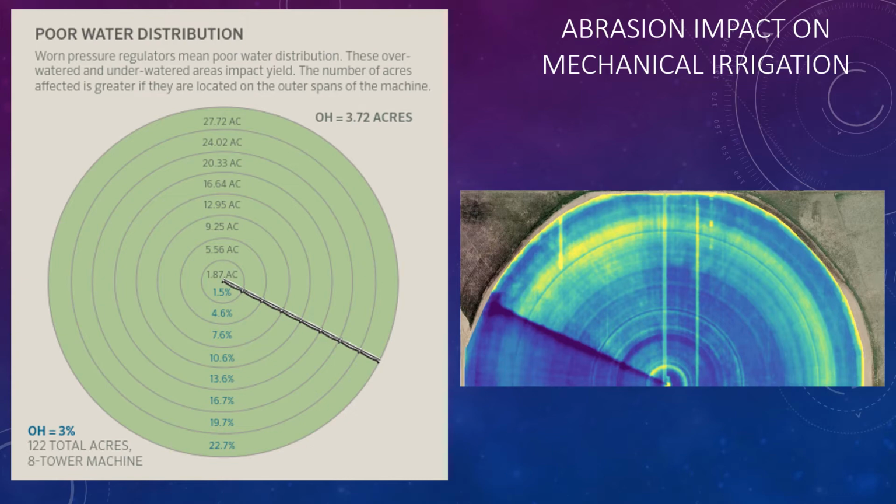Then if you look here, we've got the other situation where we're overwatering, and this is a pretty good section of ground, maybe a couple acres. And if you look at the outside area, I don't know if we've got a plugged gun or problems with a pump, but there's a sizable amount of acres out here from either this overhang or this gun, 3 or 4 acres, and that's a lot of money when you're talking about a crop.